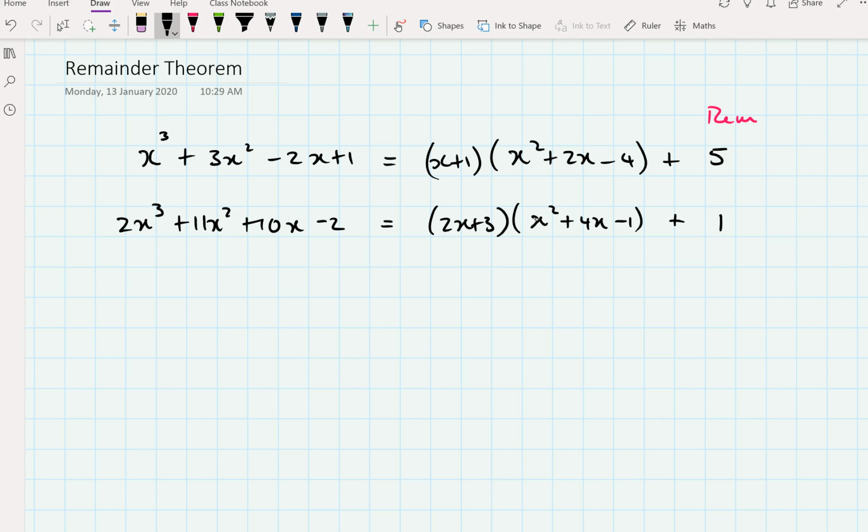And the last one that we took was x cubed plus 2x minus 5, and we divided that by x plus 2, and so we could write this as a product of x plus 2 times x squared minus 2x plus 6, and there was a remainder this time of 17.